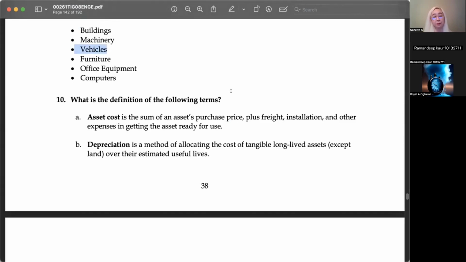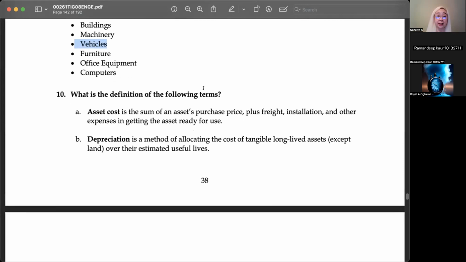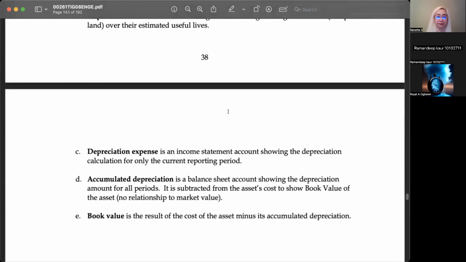So if you bought it brand new for, let's say, 20,000. So as you use it next year, it will depreciate by, say, 5%, 2%. So you're going to put the value not 20,000, but maybe 19,000 or 19,500 because it's not the same value anymore.